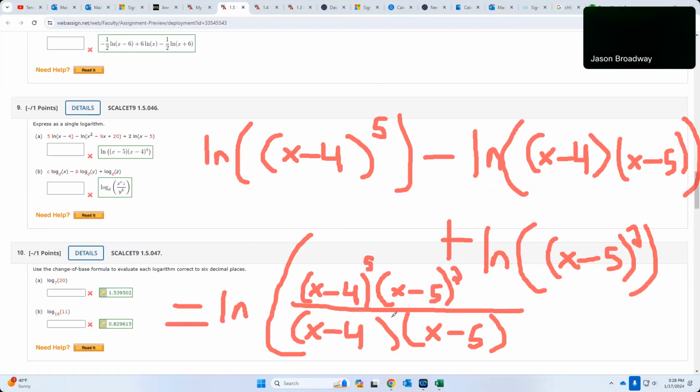Now, notice down here we have understood one power, one power. We do algebra 1 and 2. Let's see. We do 5 minus 1 is 4. So that would be x minus 4 to the fourth power right there. And for x minus 5, 2 minus 1 is 1. That'd just be x minus 5 to the first power, which is just plain x minus 5. So inside the log, we'd have this guy right here. You need the double layer parentheses. Don't leave them out.